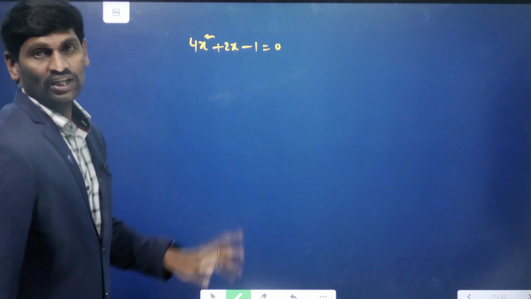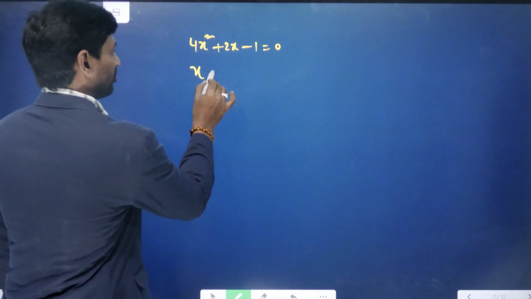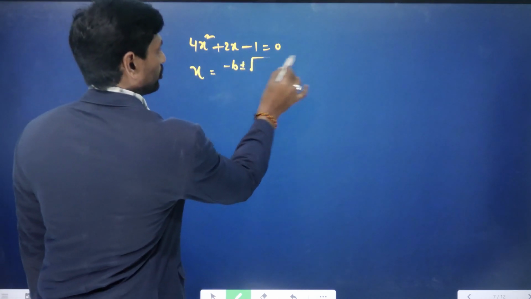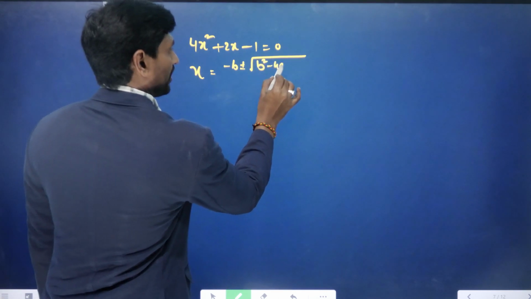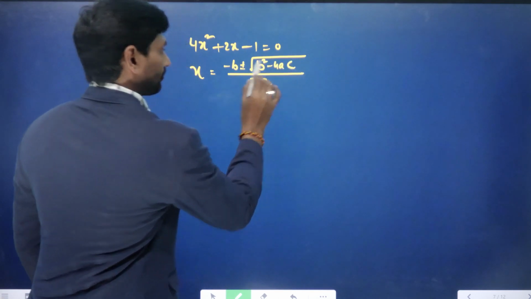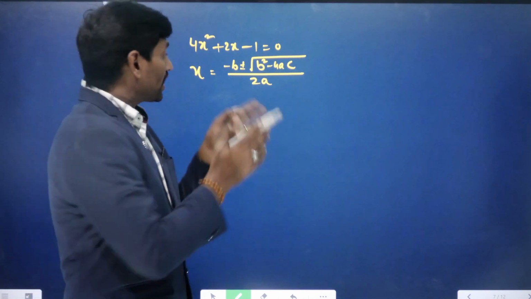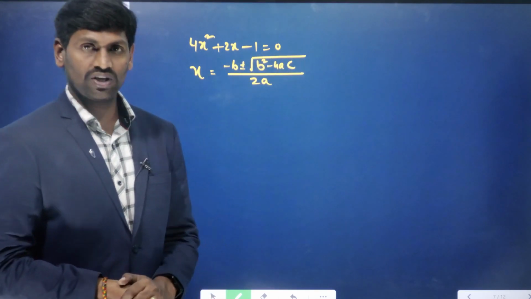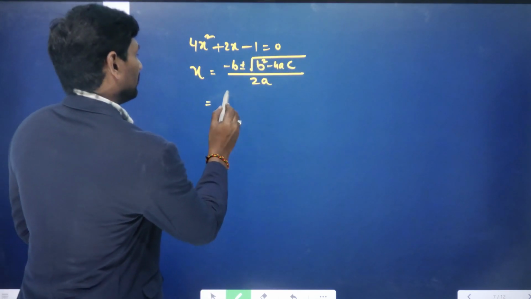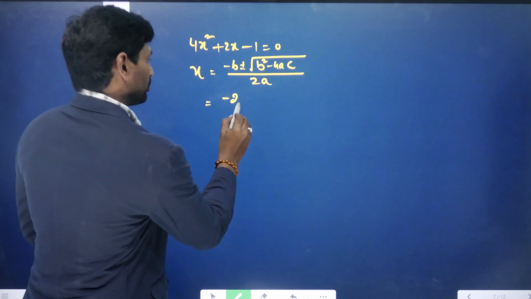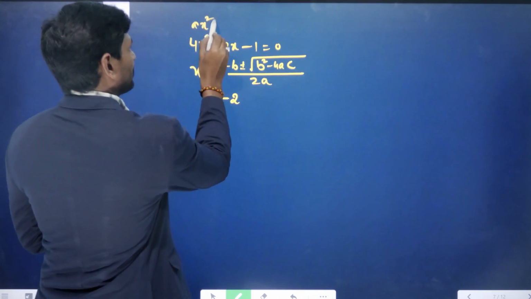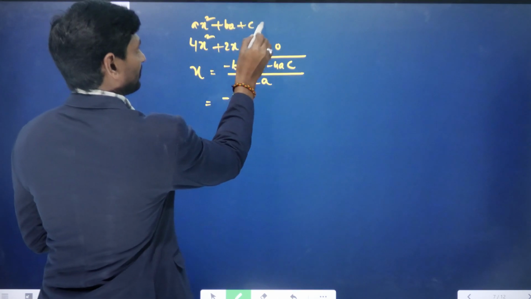So it is looking like a quadratic equation. The formula is x equals minus b plus or minus root over b square minus 4ac, by 2a. We have discussed this in the quadratic expressions topic. Compare this with ax square plus bx plus c.